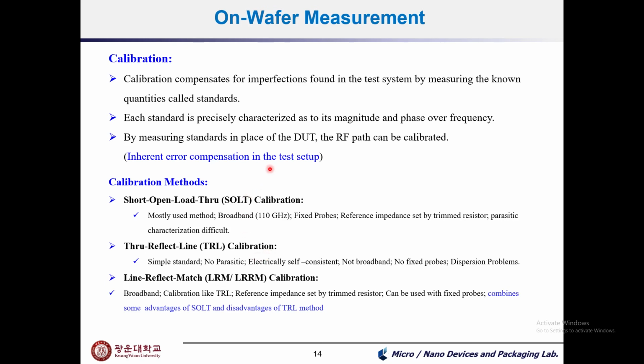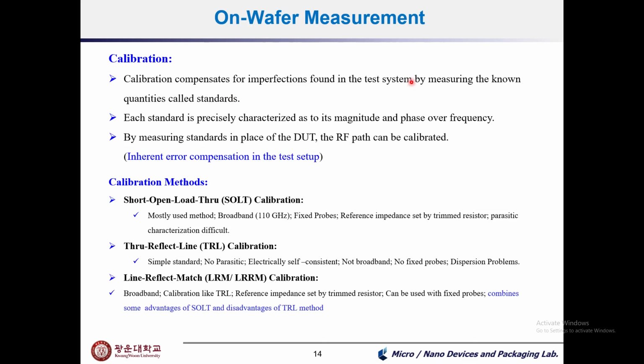So up to now I discussed the major components of the on-wafer measurement. After that we need to calibrate the measurements so that we can compensate any imperfections that may be found in the test system.